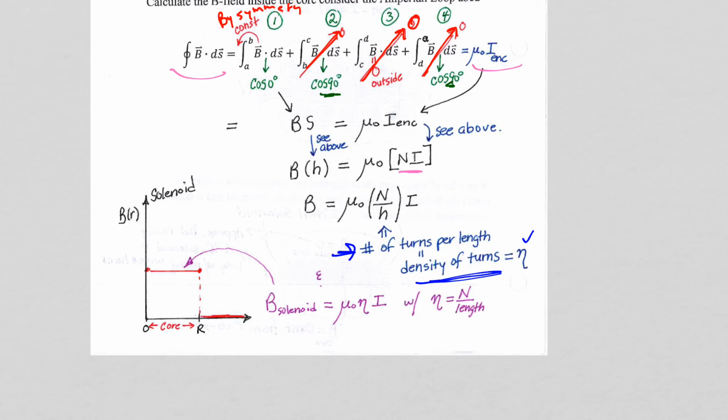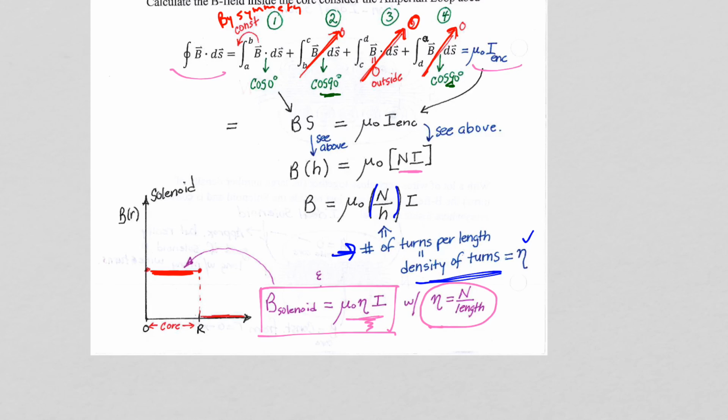So when we replace this with that script n, the B field for the solenoid is mu naught script n I, where script n is the number of turns per unit length, and notice it is constant, it is not a function of r. So the graph of the B field for the solenoid will be a constant uniform B field inside the solenoid.